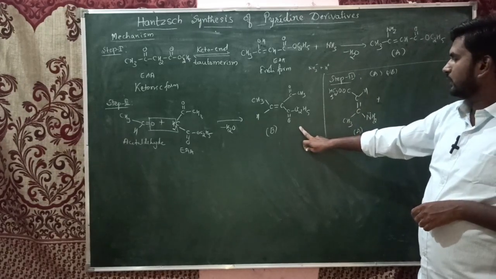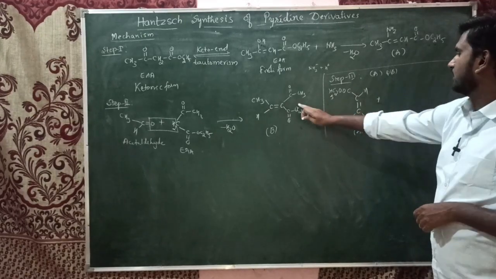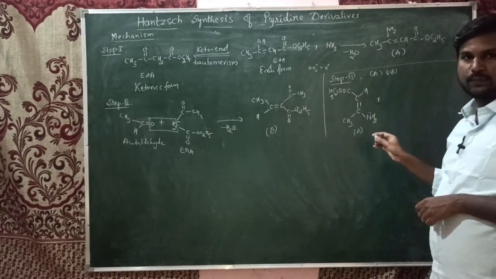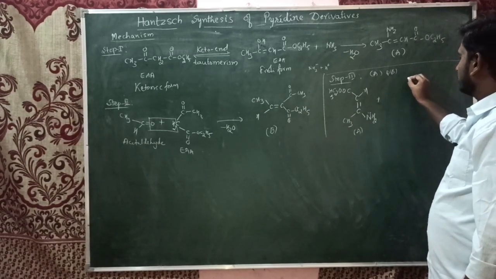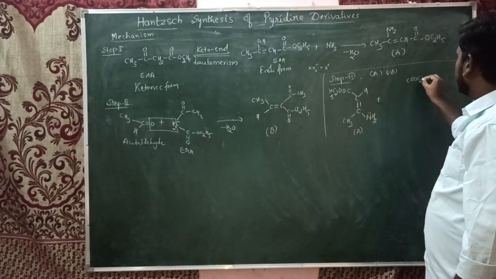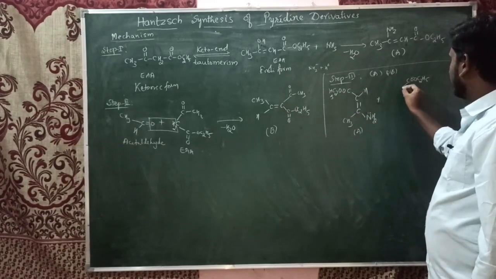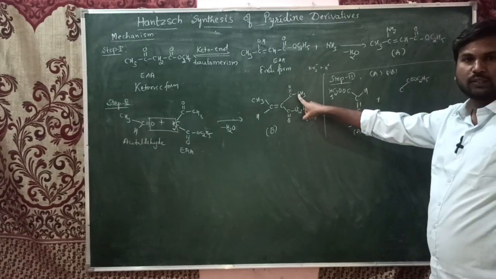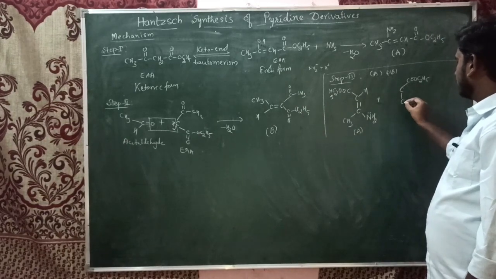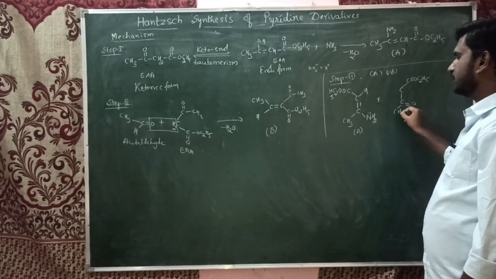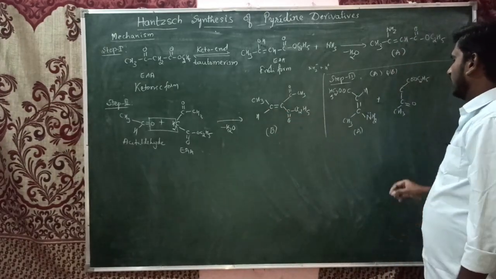Here also I'll take that ester group, COOC2H5, which is attached to a carbon. This carbon is attached to a ketonic group, COCH3, and this carbon has a double bond with this ethyl derivative.